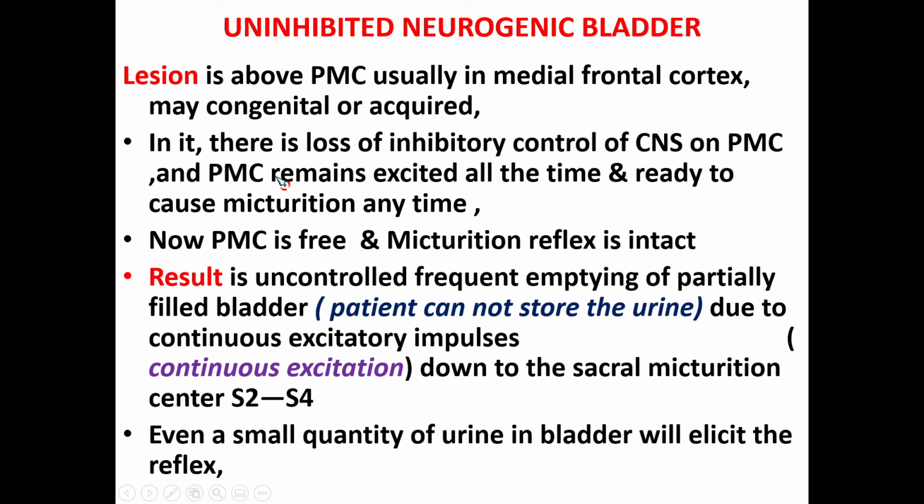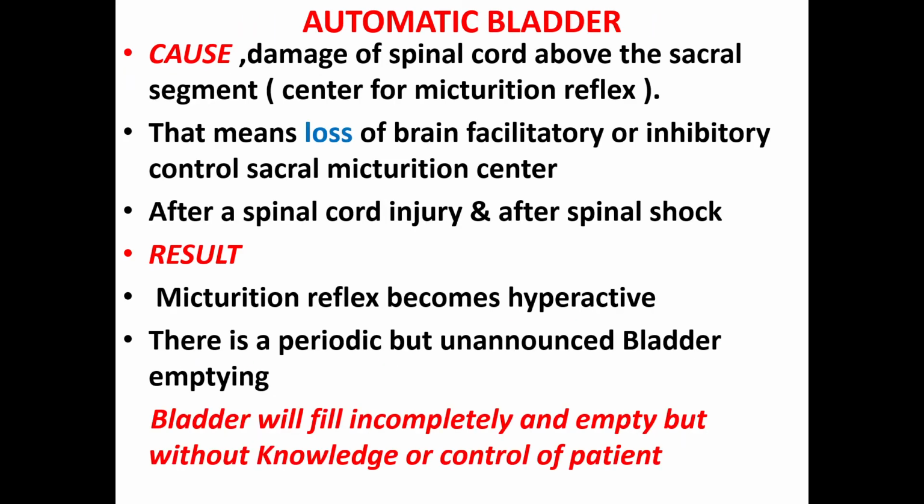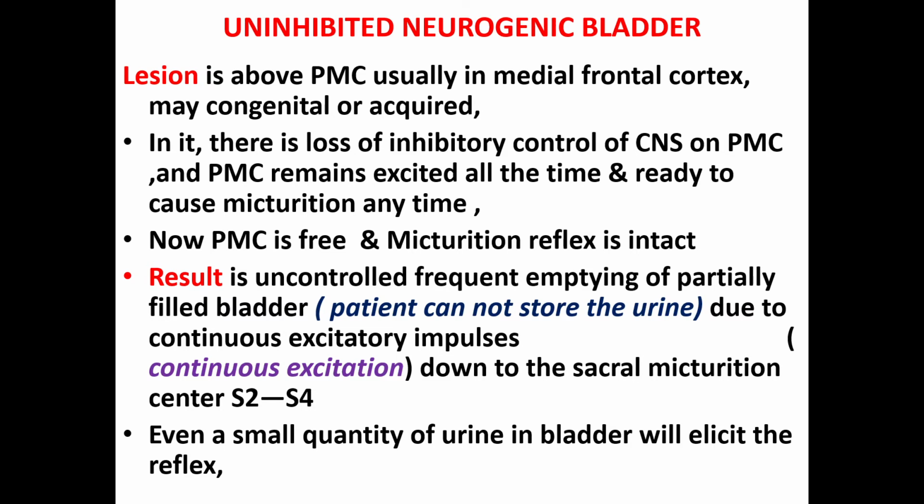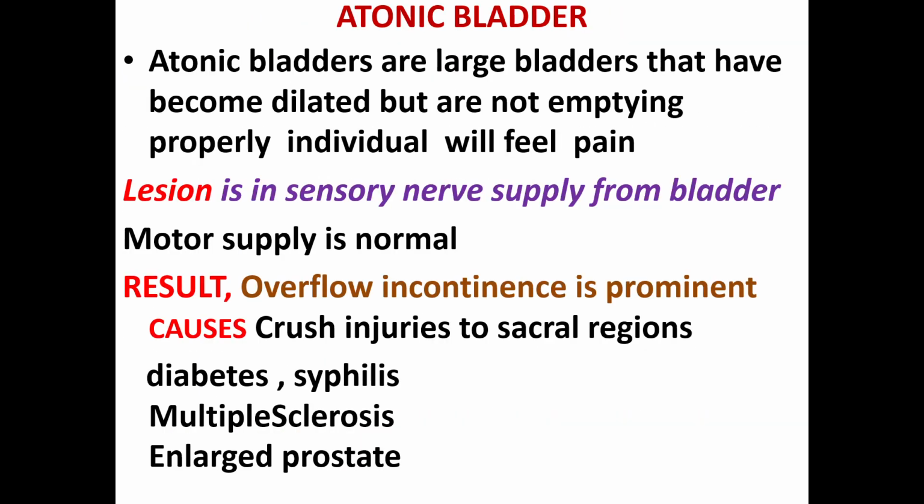So these were the three types of pathologies: the atonic bladder, the automatic bladder, and then the neurogenic bladder. In the atonic bladder, the bladder is dilated, flaccid, with overflow incontinence, and the lesion is in the sensory fibers.